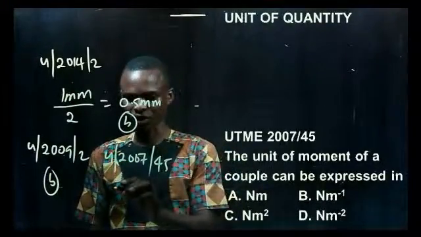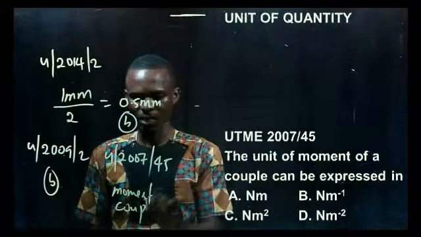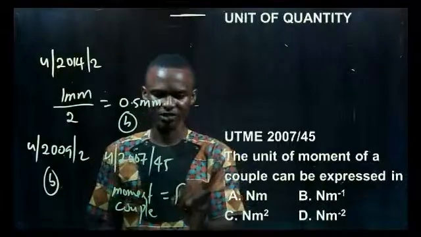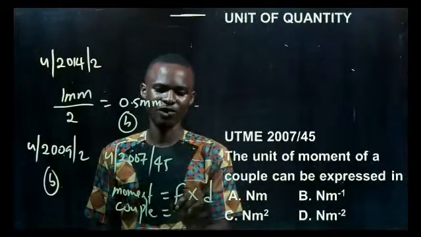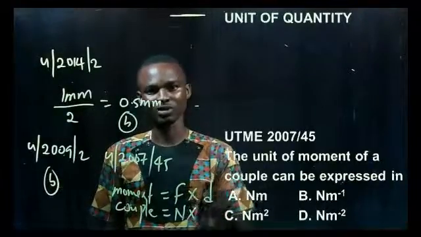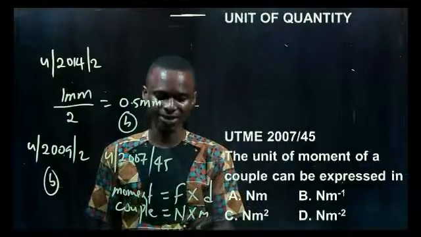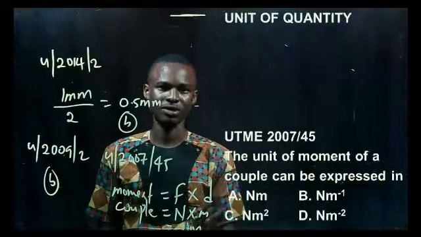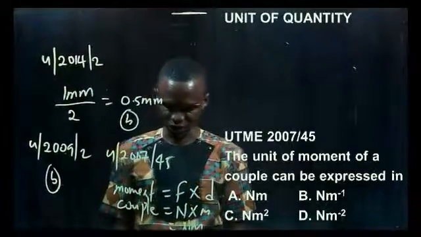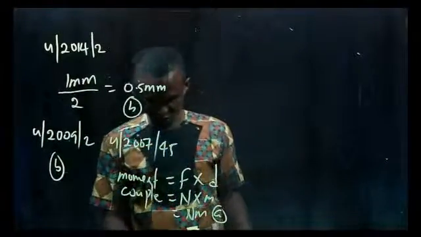Moment of a couple is mathematically defined as force times perpendicular distance. The unit of force is Newton, multiplied by the unit of distance, which is meter. So the unit of moment of a couple is Newton meter. That is option A.